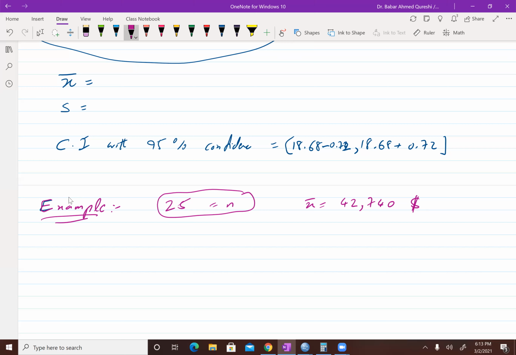And they also compute that the sample standard deviation is 4780. So remember, to compute this, you just need the sample. You don't need to know anything about the population. And again, assuming that the salaries are distributed normally in the population.